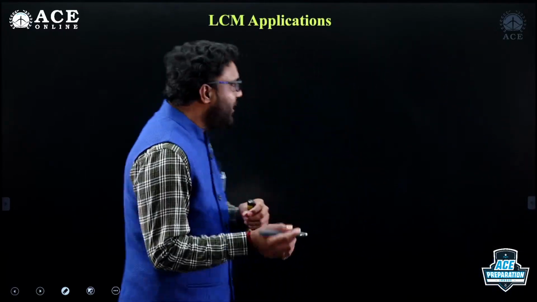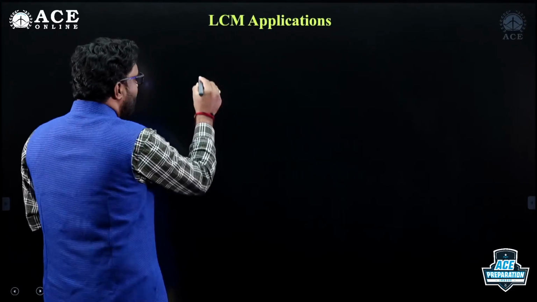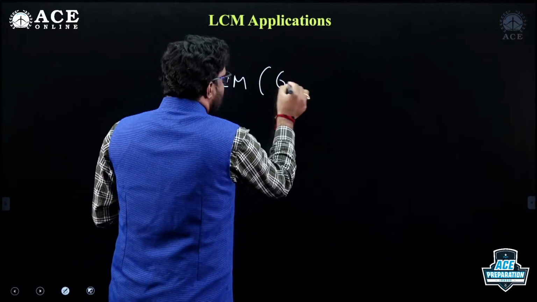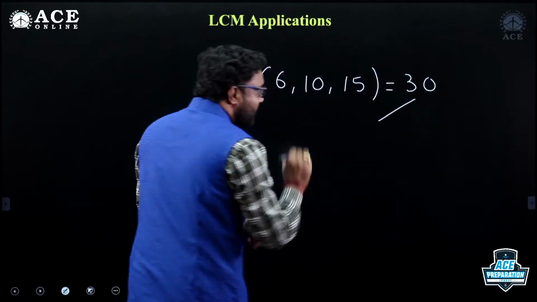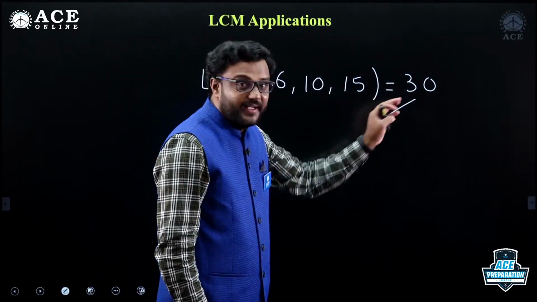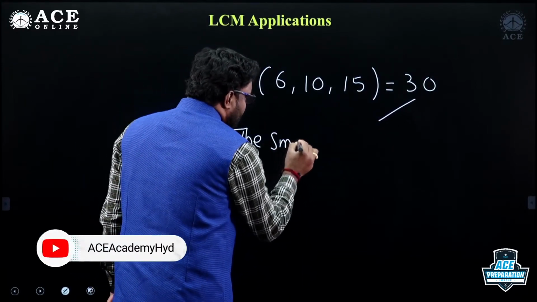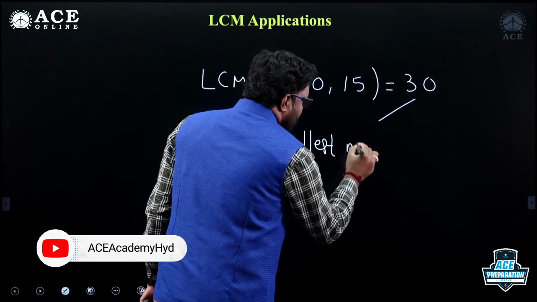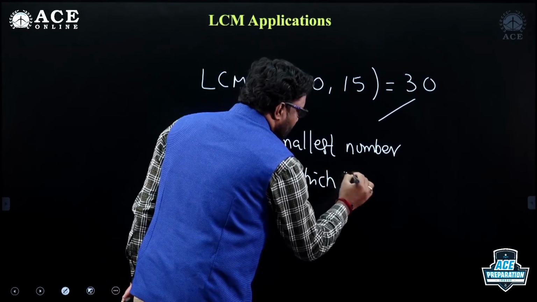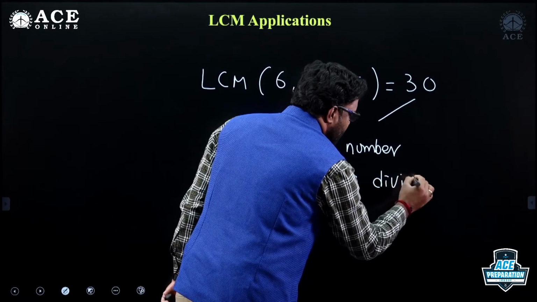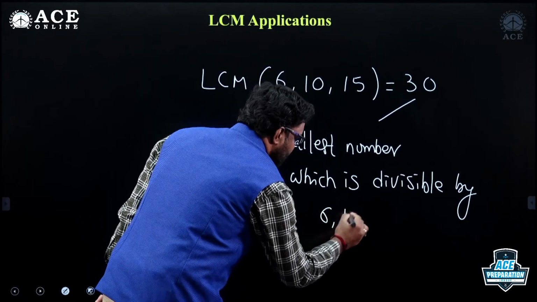In yesterday's session we discussed that the LCM of 6, 10 and 15 is nothing but 30. How to do all this we discussed in the previous session. This 30 is the smallest number, or the least number, which is divisible by 6, 10 and 15.